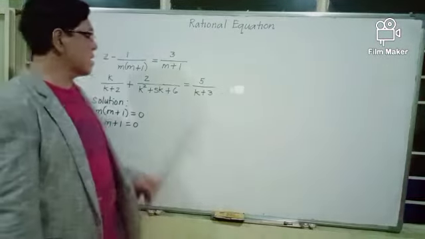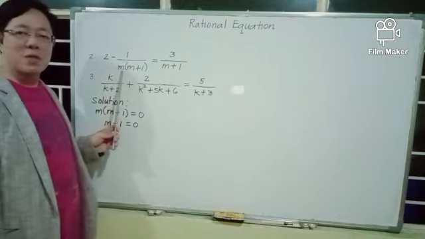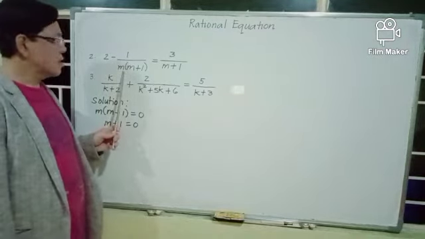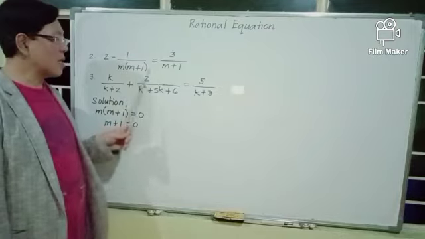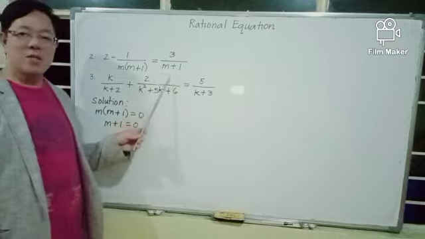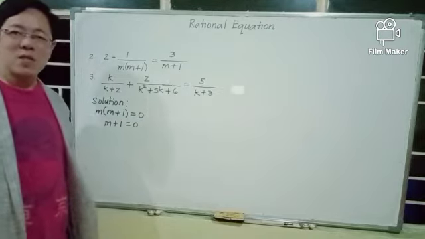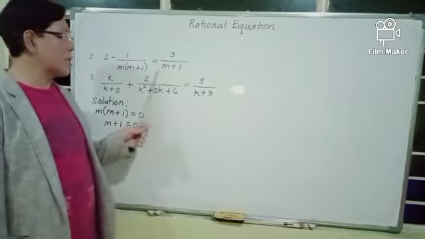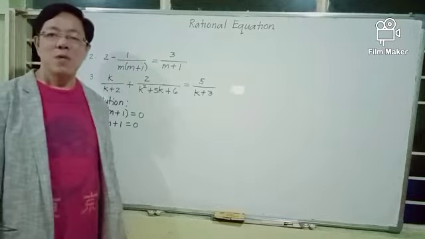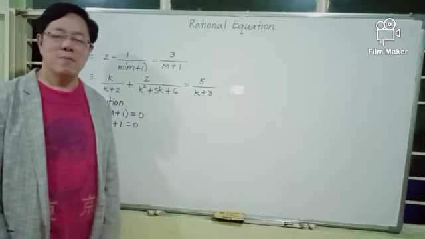Before we solve the second rational equation, we find those values of the variable m that will make the denominator 0, and so the rational expression undefined. So that when we get these values of m that will make the denominators 0, we will reject them and we will call them extraneous solution.